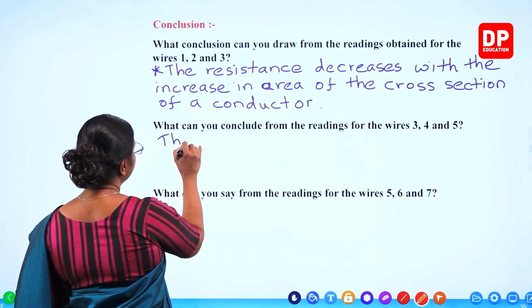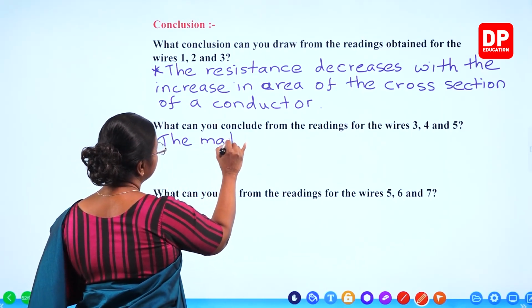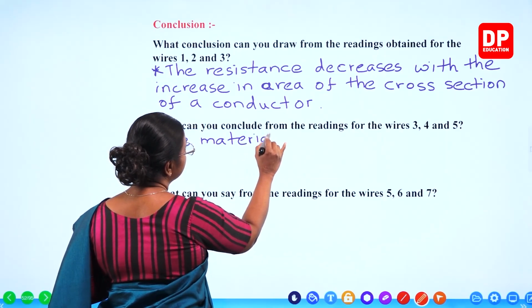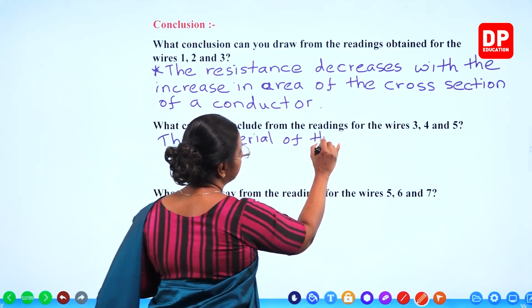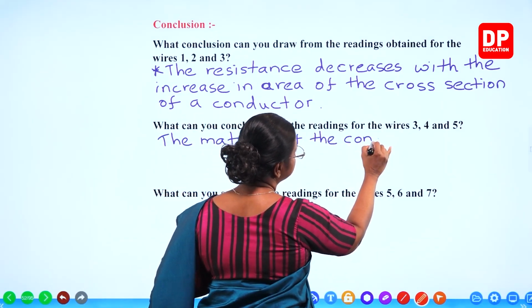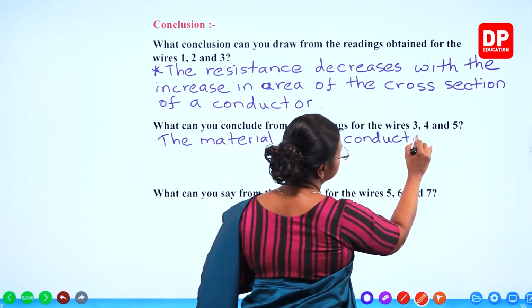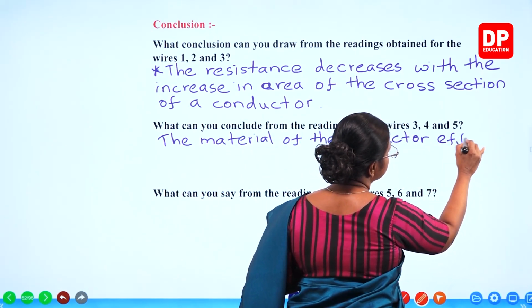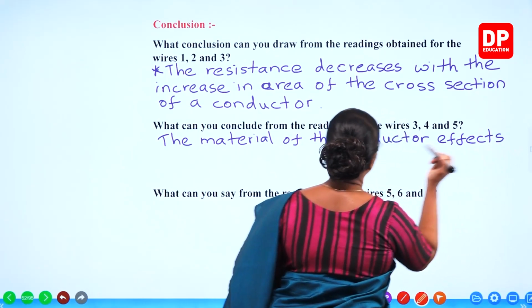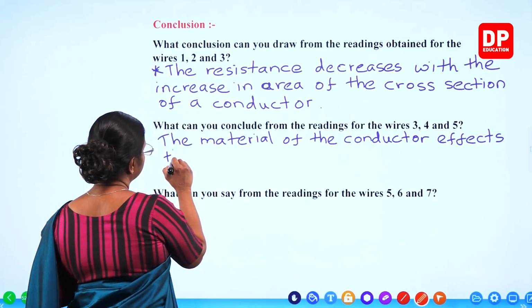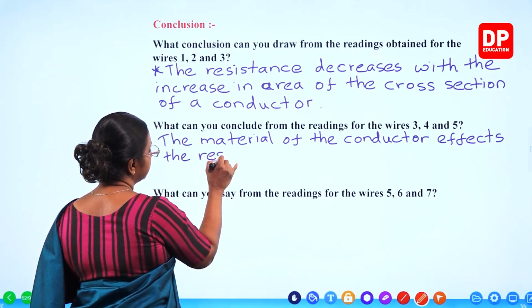The material of the conductor affects the resistance.